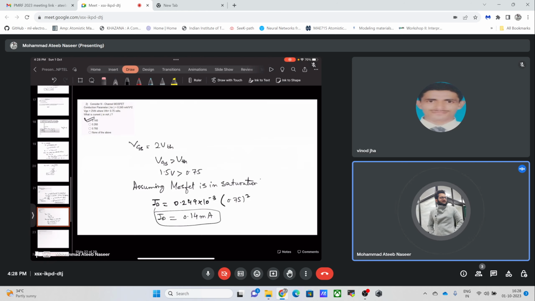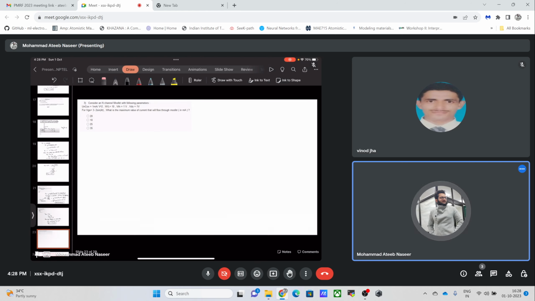Now let's move towards another problem, and I guess this is a bit of a good problem. Okay, it says that we have this n channel MOSFET, and it has these parameters which are given to us, and now the condition on the gate to source bias is that VGS is equal to 3 minus 2 times sine of 4t.